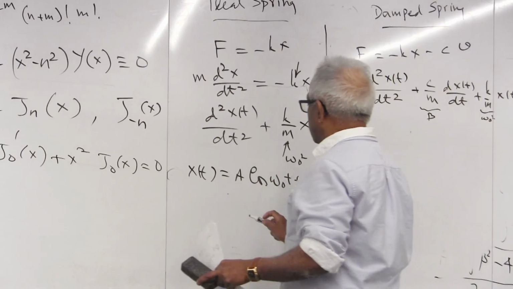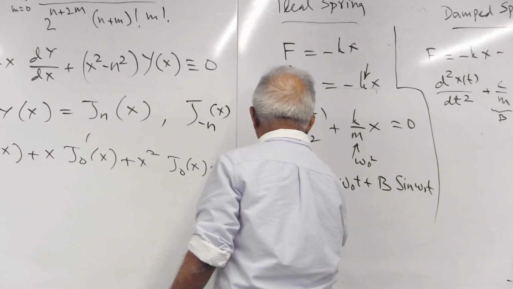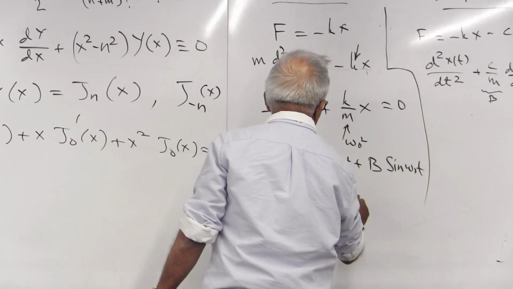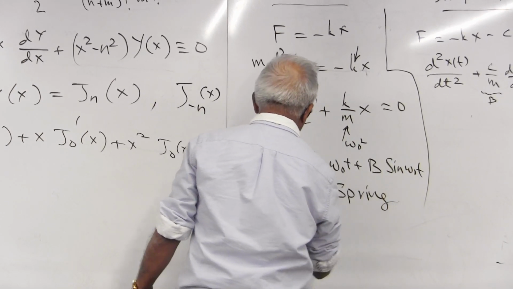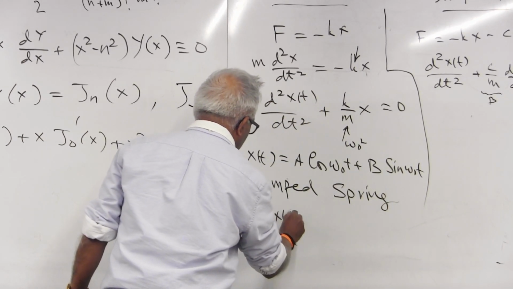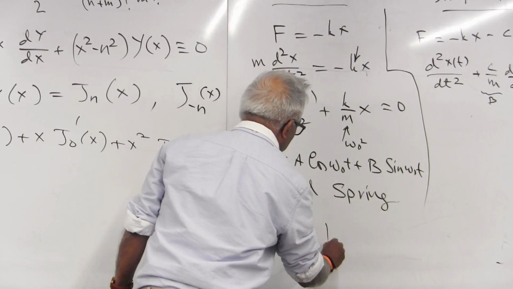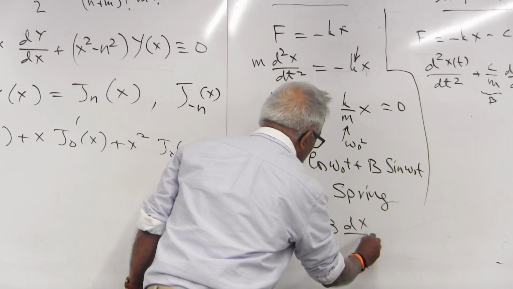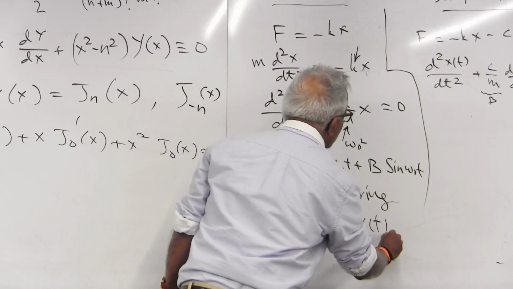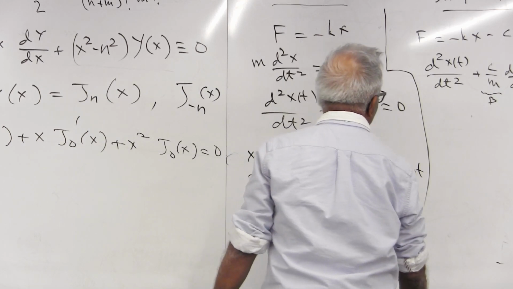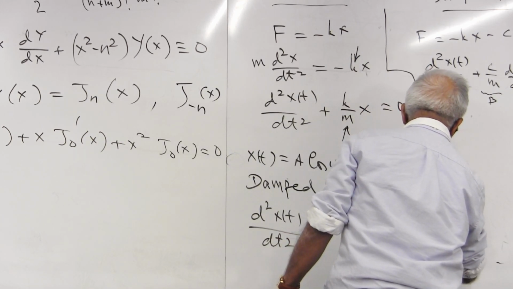So the damped equation was damped spring, which also I want to reconsider. The differential equation was d squared x(t) by dt squared plus beta dx(t) by dt plus omega 0 squared x(t).